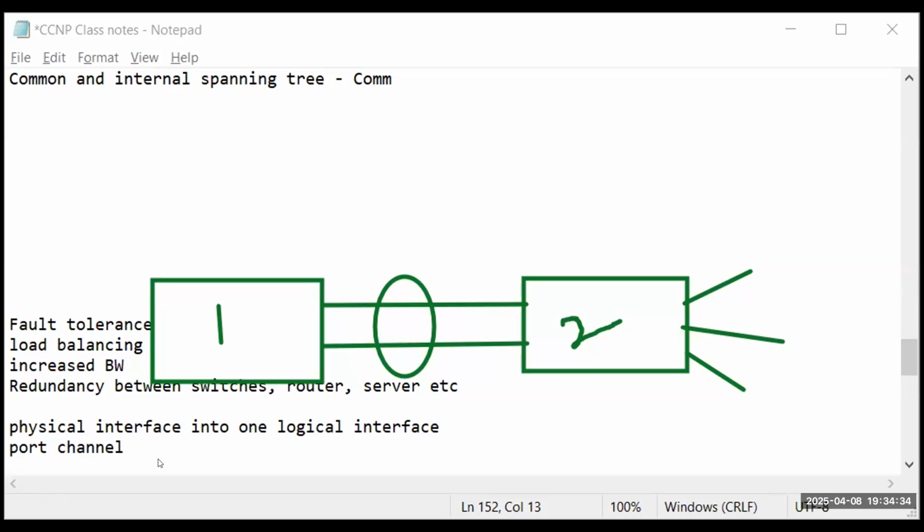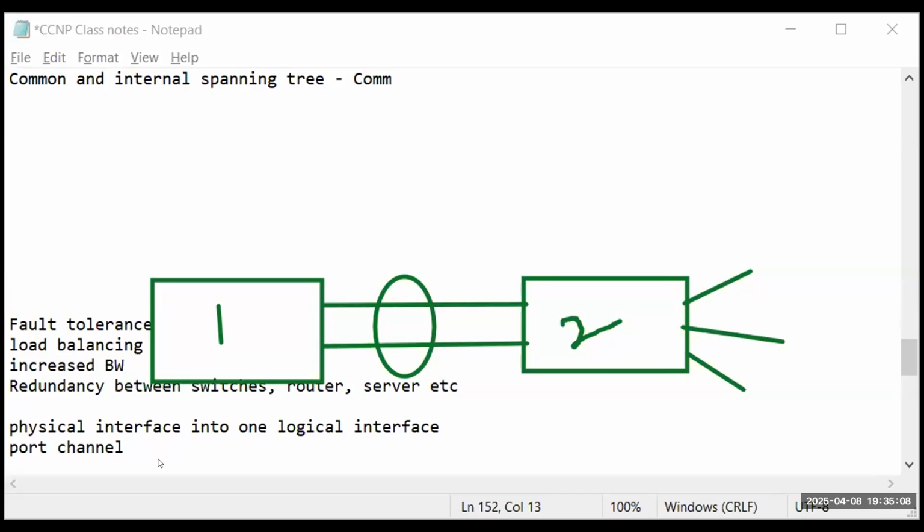But to bundle, see, trunk ports, in this scenario we are using 2. Likewise, maximum we can bundle 8. In real time, there won't be 8 ports between switches. But in the case of servers, VMs, VMware ESXi servers, high-end servers should have multiple ports connecting to the switch.